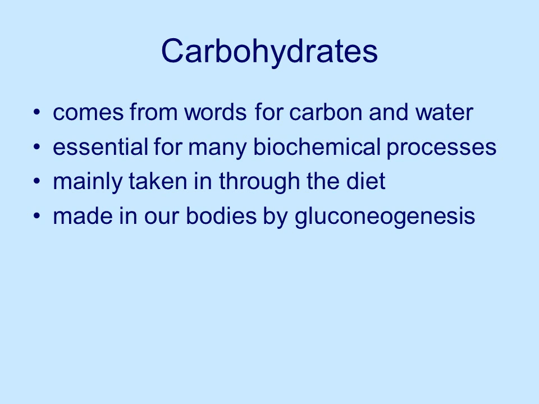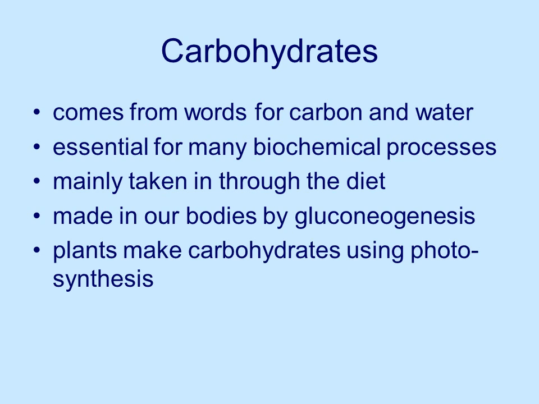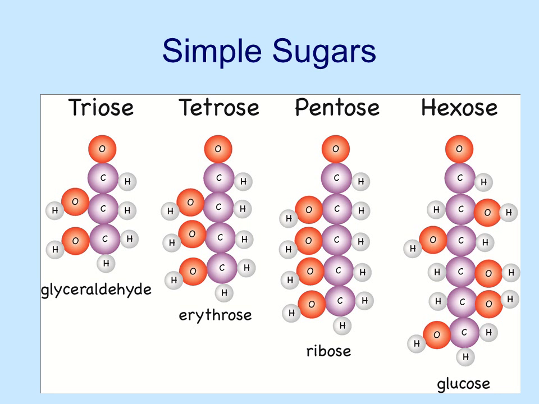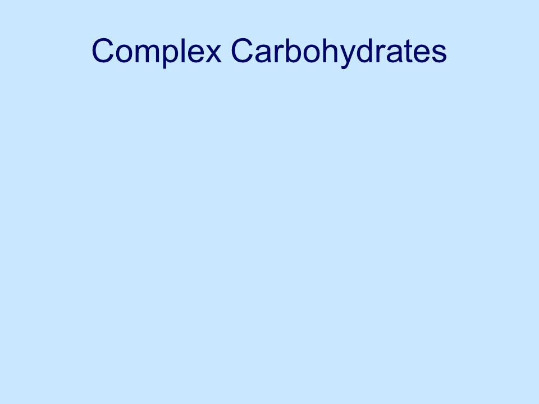So it's the formation of new carbohydrate molecules. Plants make carbohydrates using photosynthesis, and then we eat the plants and we get the carbohydrates in our diet. Simple sugars, triose, tetrose, pentose, and hexose, these are the classes. They're named by the number of carbons in them, and we primarily worry about the hexoses in our diet.